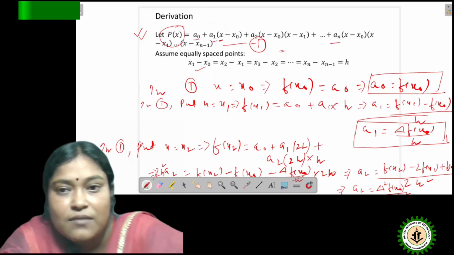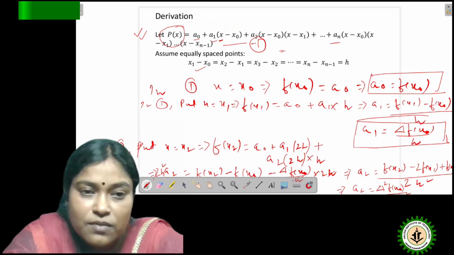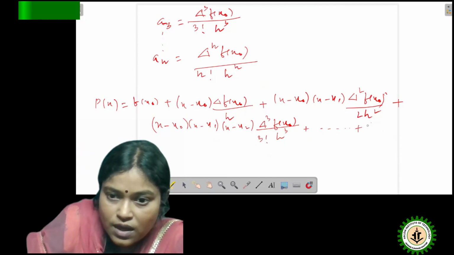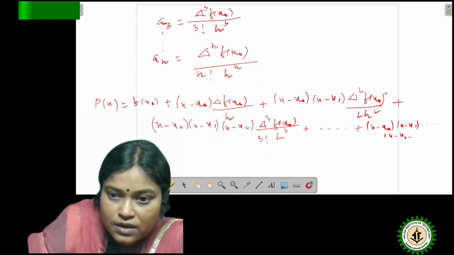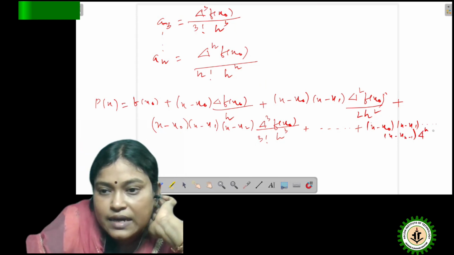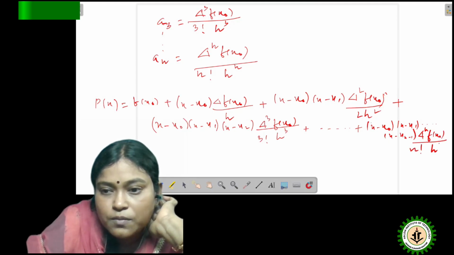See the last term, x minus x naught into x minus x1 up to x minus xn minus 1. So x minus x naught, x minus x1 up to x minus xn minus 1 into an. And what is your an? Delta n f of x naught by factorial n into h to the power n.